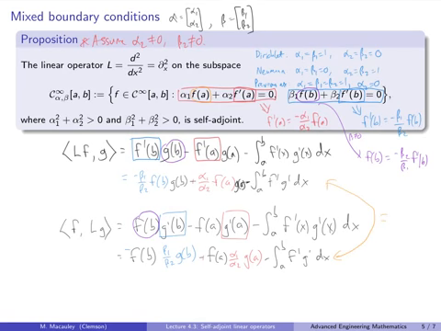And similarly, using this, we could have solved for f of a. So again, we could have said that f of a was equal to negative alpha 2 over alpha 1 f prime of a, and we could have eliminated g of a and f of a.